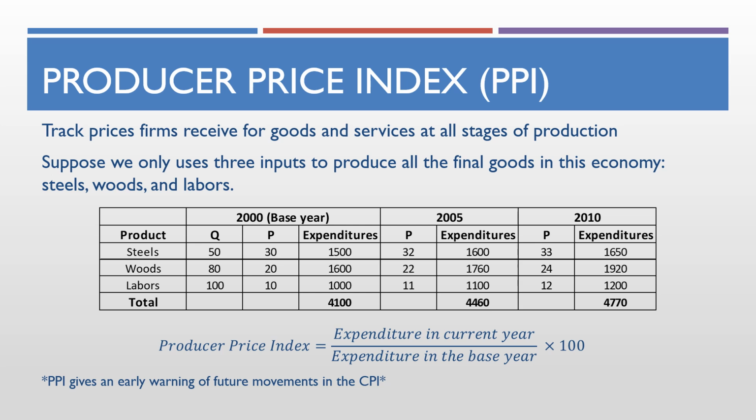So this example here demonstrates exactly the same measures, where we have the market baskets of the intermediate goods, steel, wood, and labor, to make production in an economy, and then we measure the total expenditure on these baskets of goods with different prices across years. Then we can come up with the index figure that is called the producer price index.